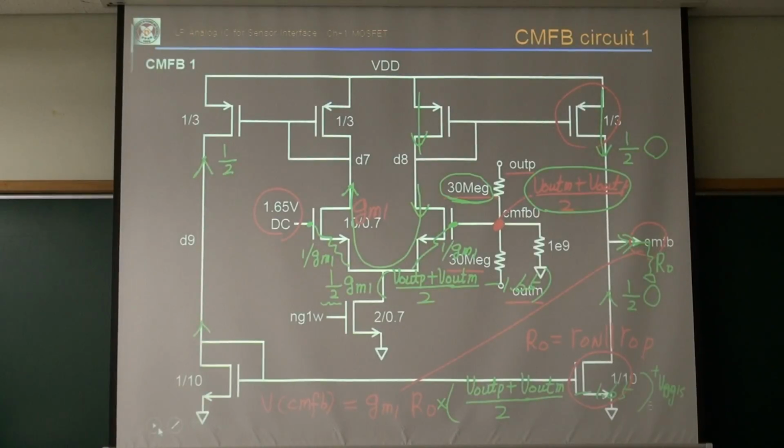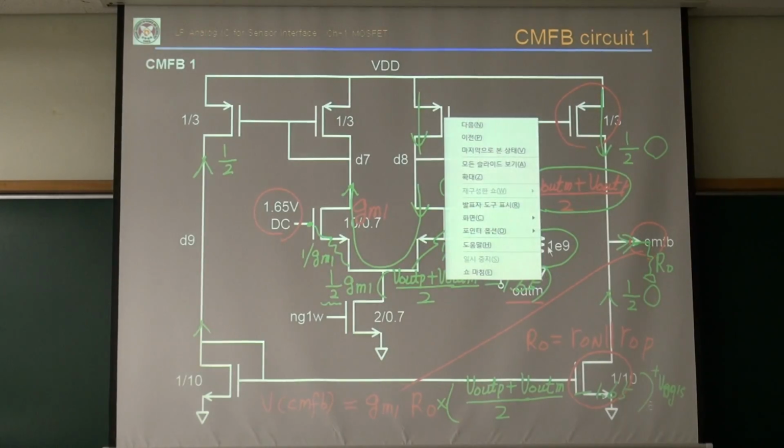Yeah, one thing to note is that with a small signal, I mean with a weak inversion circuit, sometimes have some DC convergence problem. So that's why I added this huge resistor between CMFB node and the ground to improve DC convergence.